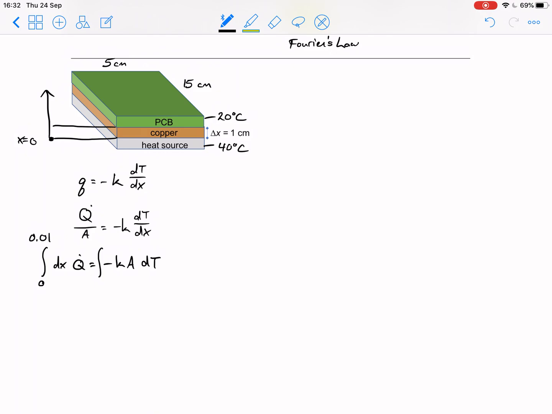And that is, again, the thickness of this copper slab. In terms of temperature, we're integrating from 40 to 20 centigrade. In this case, it doesn't actually matter whether we use centigrade or Kelvin because it's only a difference in temperature. But for good practice, we'll use the correct units.